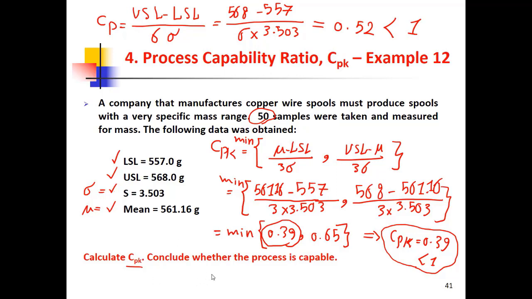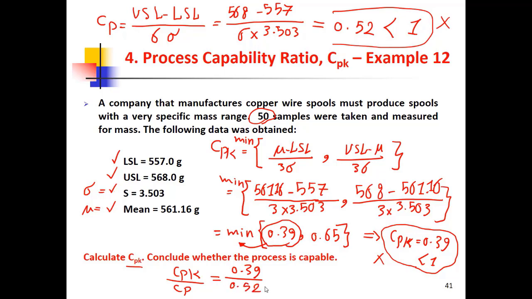So CP is smaller than 1, the process is not capable. CPK is smaller than 1, the process is not capable. The ratio between them, CPK over CP, is going to be 0.39 over 0.52. As I said, we will choose the minimum, the smaller number.